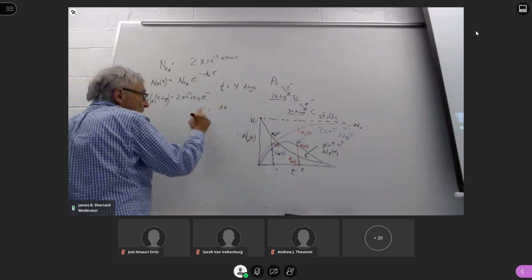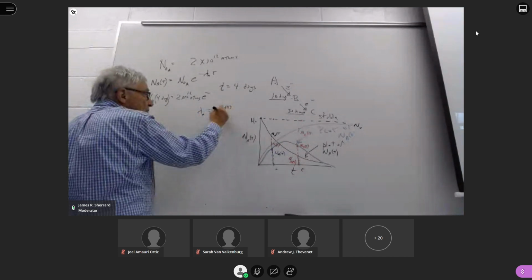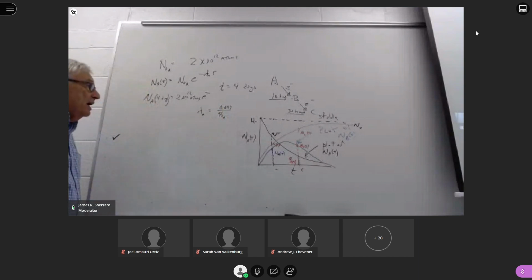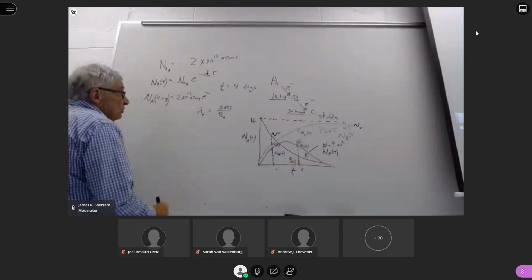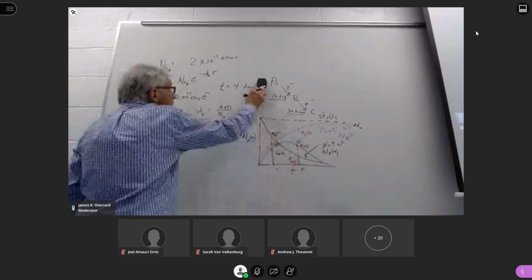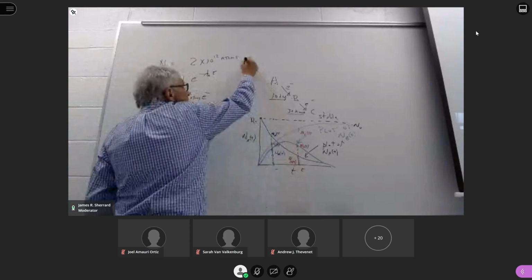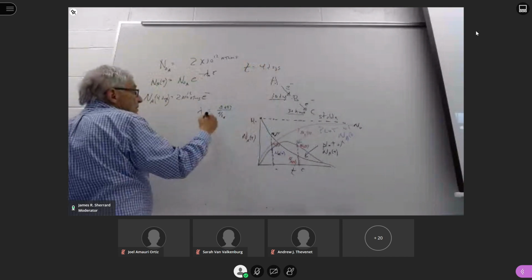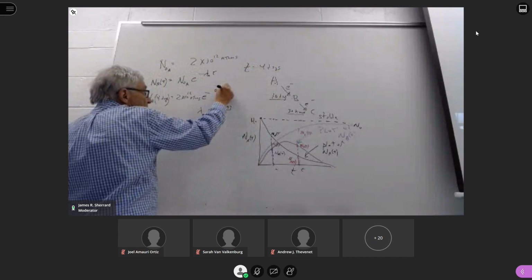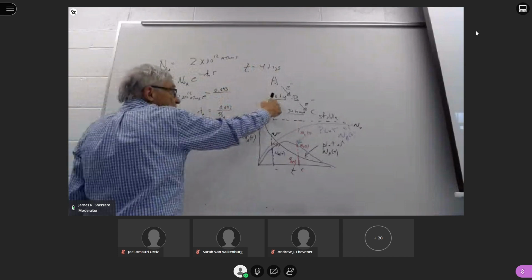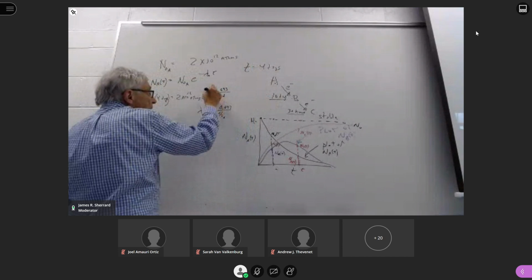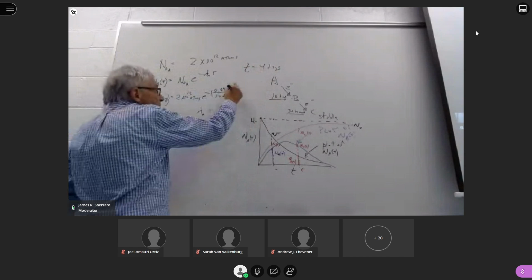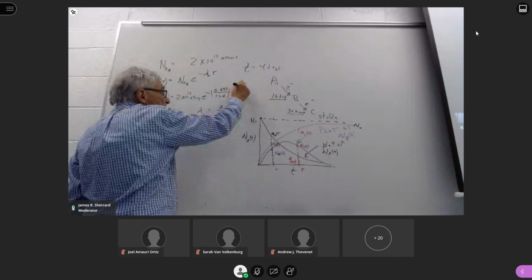Lambda A is the decay constant, but it's also 0.693 divided by the half-life of A. So in this particular case, this is going to be 0.693, the half-life is 10 days, and we want to know how many of these we have after 4 days. So we're going to multiply this times 4 days.